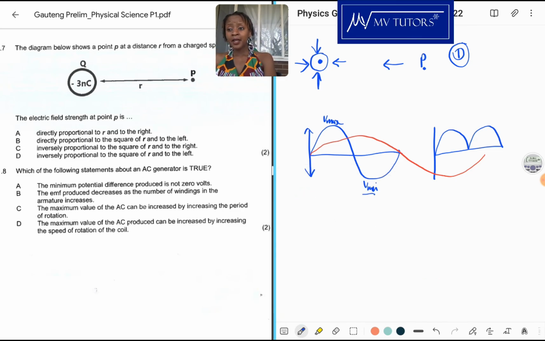D, the maximum value of the AC produced can be increased by increasing the speed of rotation. I'm confident about that one. If I were to choose between D and A, I would go for D. It is true. If you want to increase the maximum value of AC, you do that by increasing the speed of the rotation of the coil as well as increasing the windings. Those are two of the ways of doing that. So I would go with D in this case.